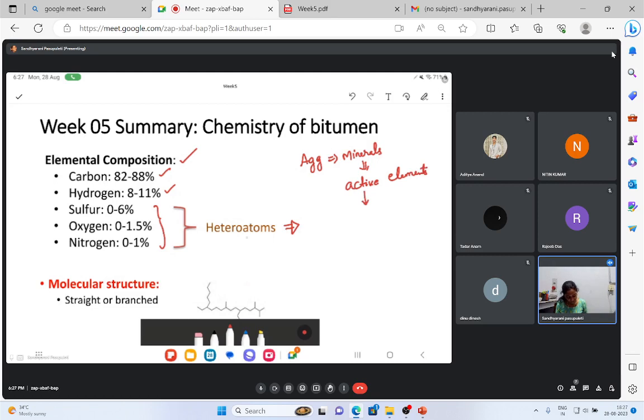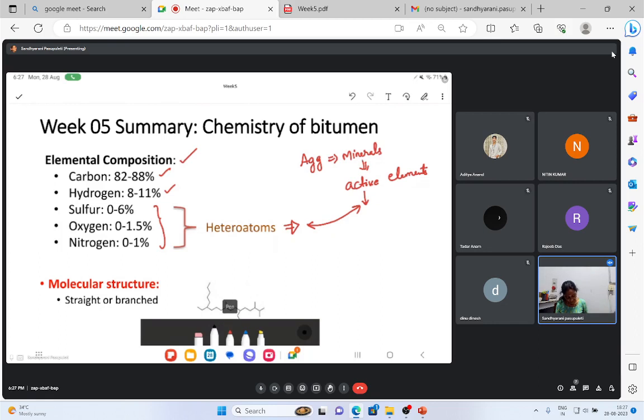We need some of the heteroatoms or active polar groups from the bitumen so that they both interact and form good adhesion. That means good bonding between aggregate and bitumen. So these heteroatoms are the polar elements mostly used to form good bonding between aggregate and bitumen.